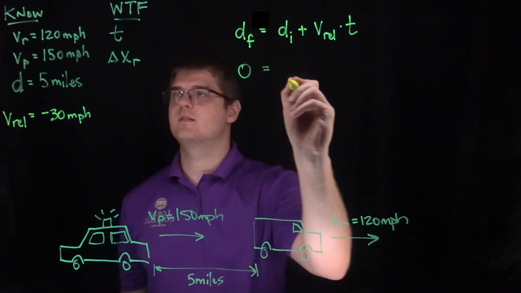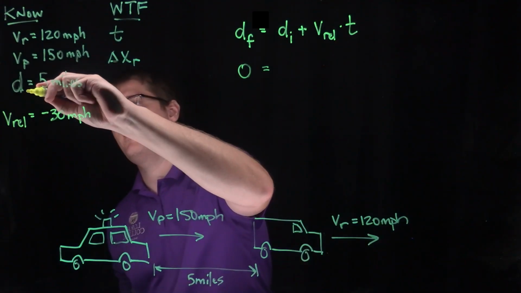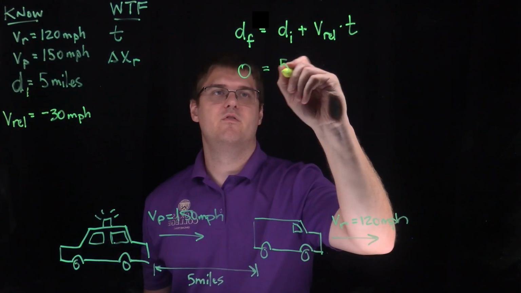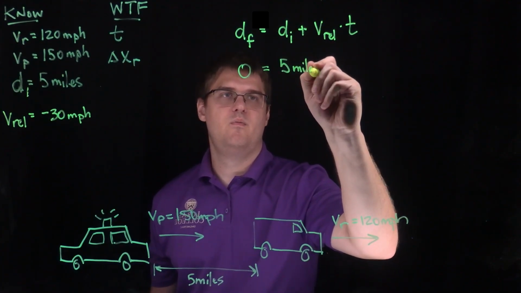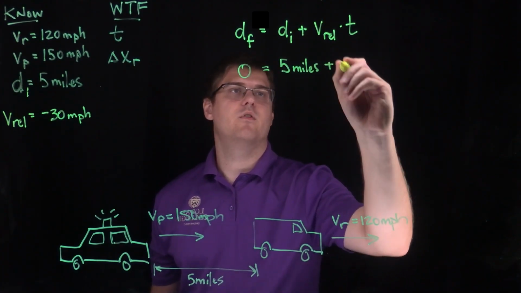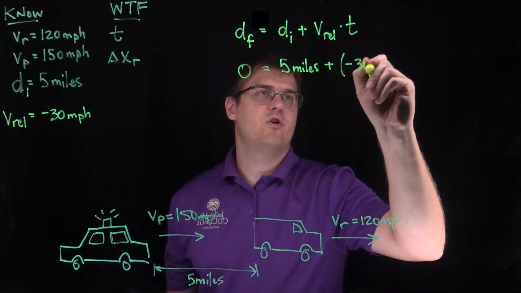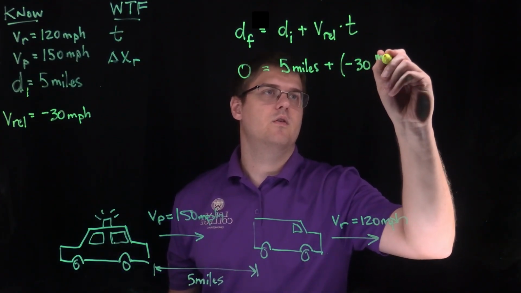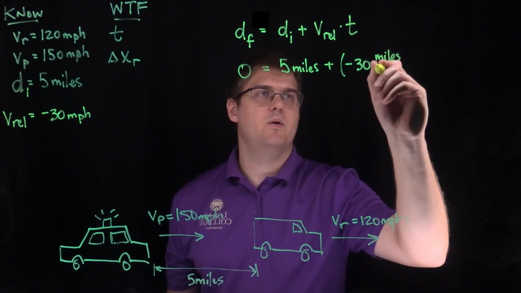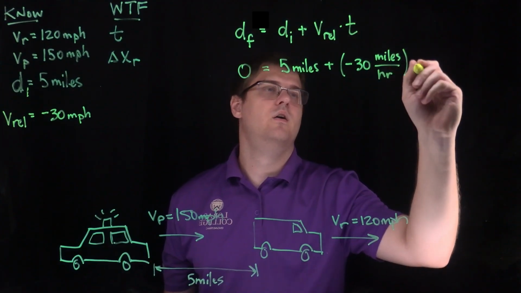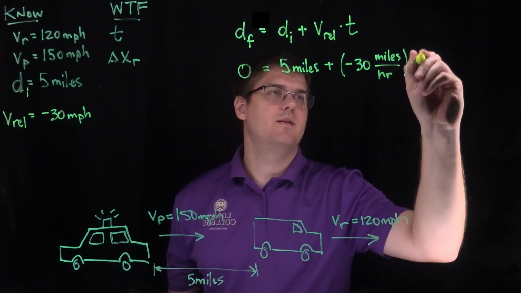My initial distance, I guess I can add an I to this guy, is going to be 5 miles. My velocity relative is going to be negative 30. I'm going to switch miles per hour to be written as miles over hours times my time.